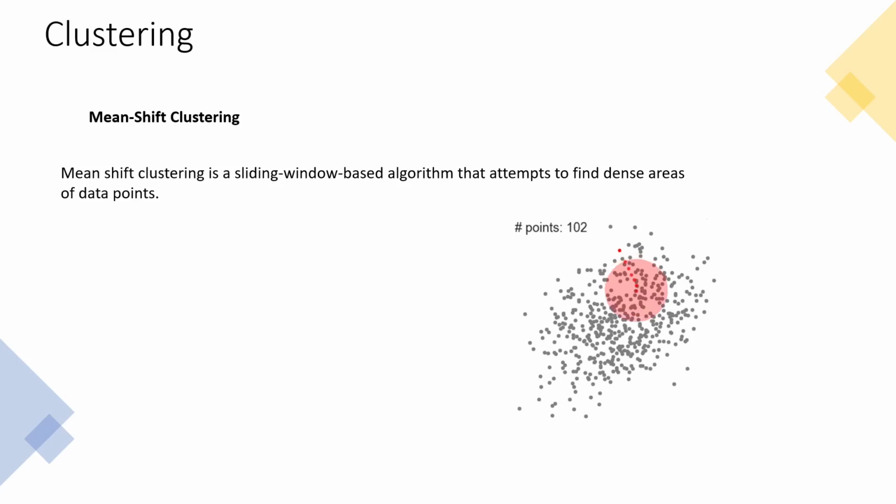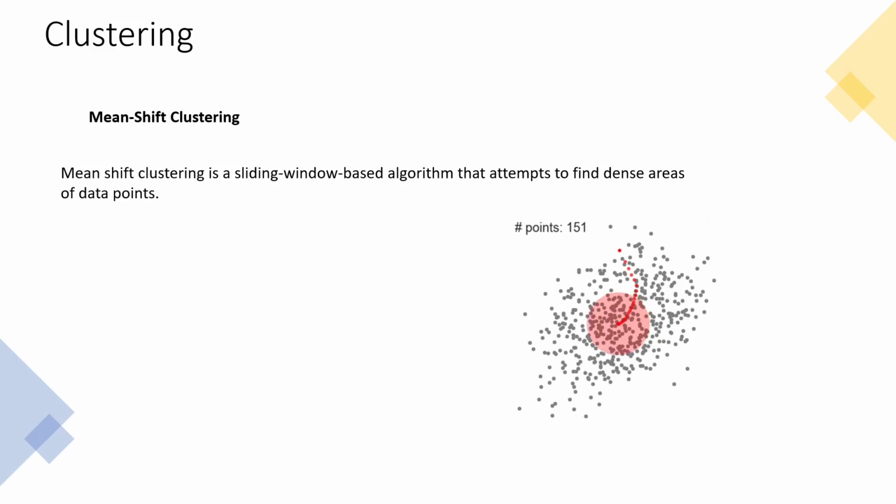So the second clustering technique we will be working on today is called mean shift clustering. Mean shift clustering is a sliding window based algorithm that attempts to find the dense area of data points. As you see in this animation, we start with random points and create a neighborhood within a circle, and then in this circle we calculate a center of mass, and then we move towards that center of mass.